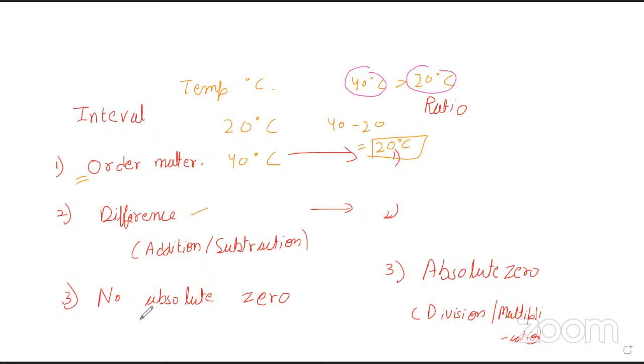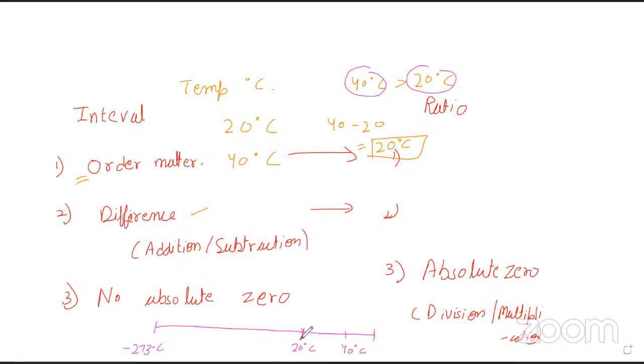If you want a better view of it, see, for degrees Celsius, the minimum value is minus 273 degrees Celsius, right? And say here is the point for 20 degrees Celsius, and here it's 40 degrees Celsius.